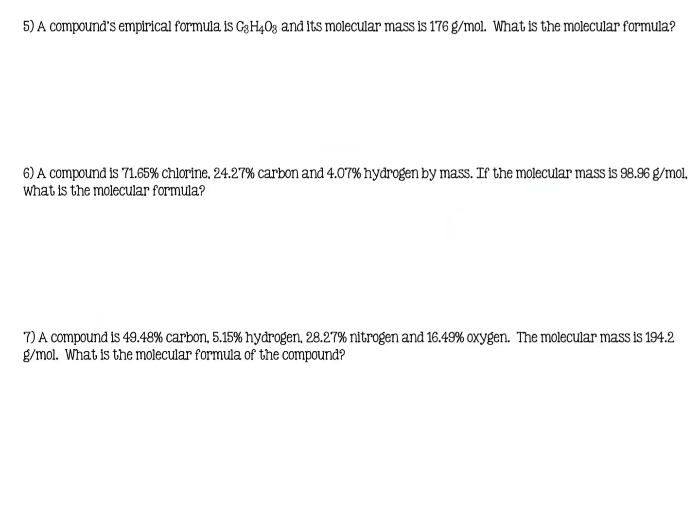Now let's look at example 5. A compound's empirical formula is C3H4O3 and its molecular mass is 176 grams per mole. What is the molecular formula? So once again, we're going to find the mass of the empirical formula, C3H4O3. So we have 3 carbons, each with a mass of 12 for a total of 36. We have 4 hydrogens, each with a mass of 1 for a total of 4.